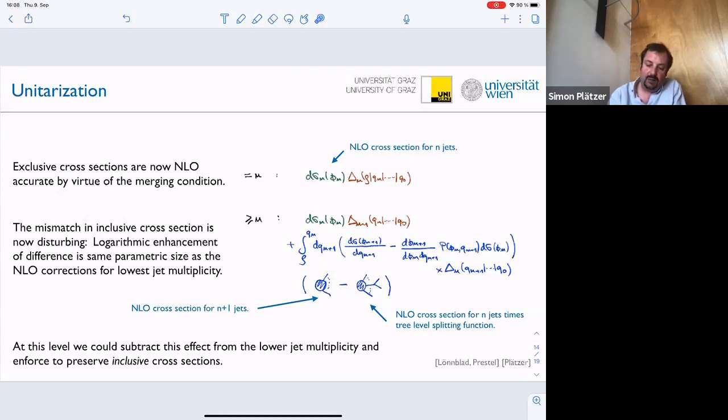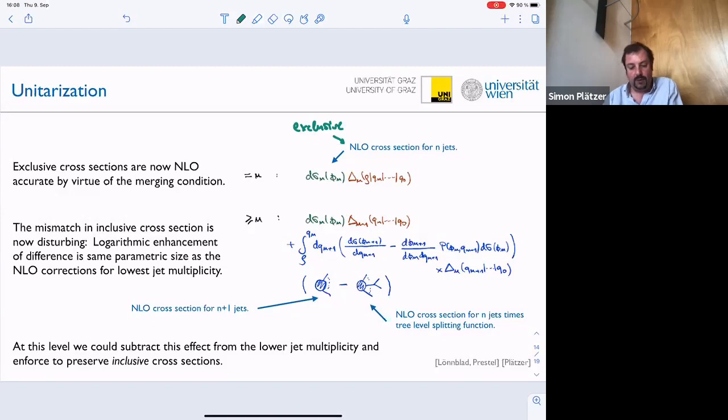And as I said, by construction, what we get out now from a next to leading order merging is that we have this guy here available as an exclusive NLO cross section. This is the exclusive NLO cross section for n jets.